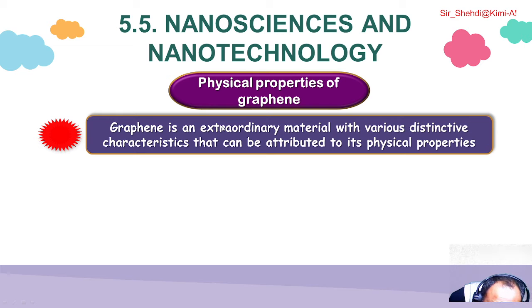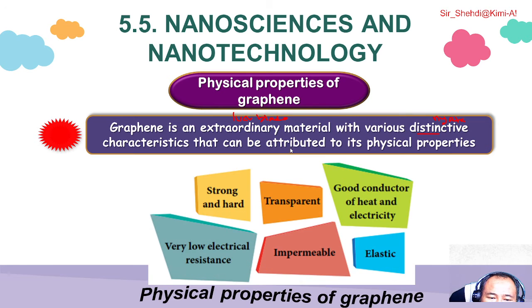The term extraordinary means luar biasa in Malay, with various distinctive characteristics. Distinctive means there are clear differences, which can be attributed to its physical properties. There are 6: 1, 2, 3, 4, 5, 6. First, of course, the durability, strong and hard.